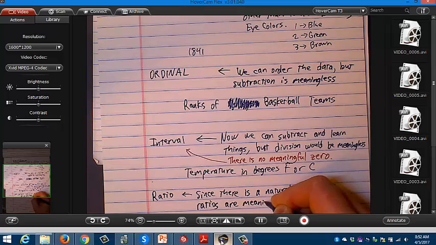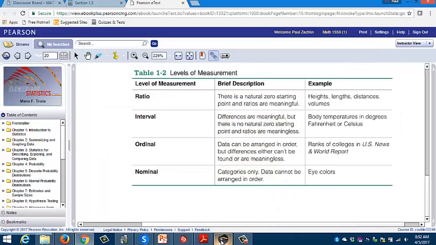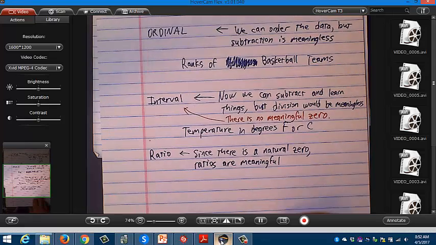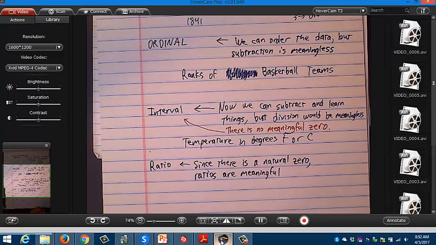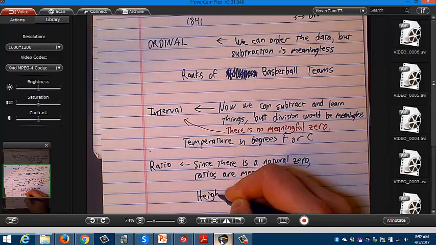You can divide. And so they give lots of examples here. Let's see what they give. Height, length, distance, volume. Okay? So that's the highest level of measurement, I guess, would be ratio.